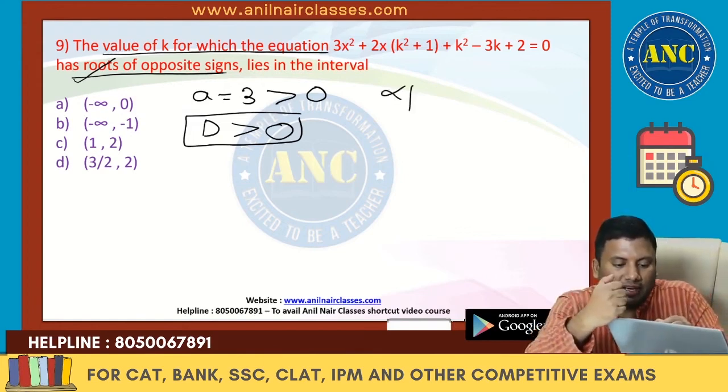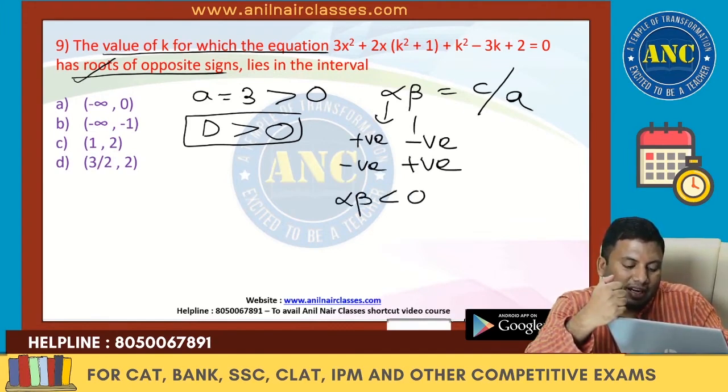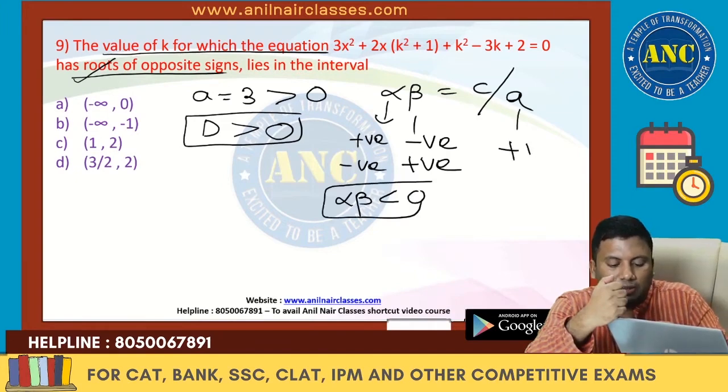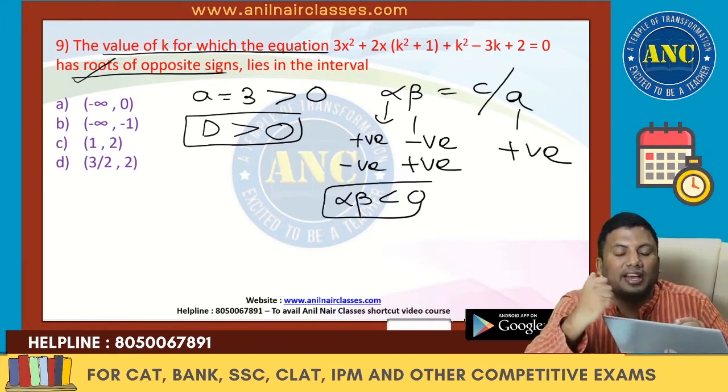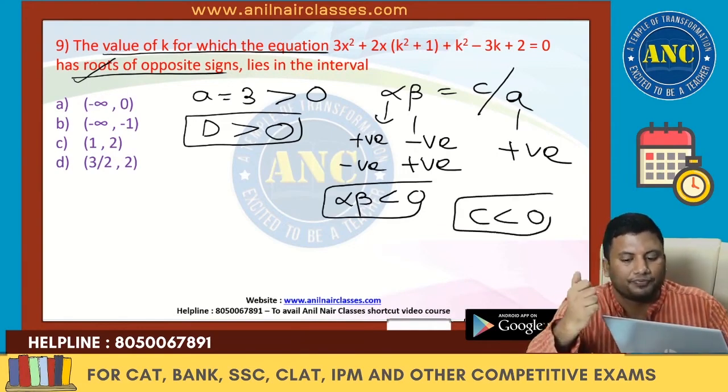Now alpha beta is nothing but C by A. Roots are of opposite sign. If one is positive, the other will be negative. If one is negative, the other will be positive. Alpha beta will be less than 0. A is positive. That is exactly why I specified the key point: C will be less than 0.